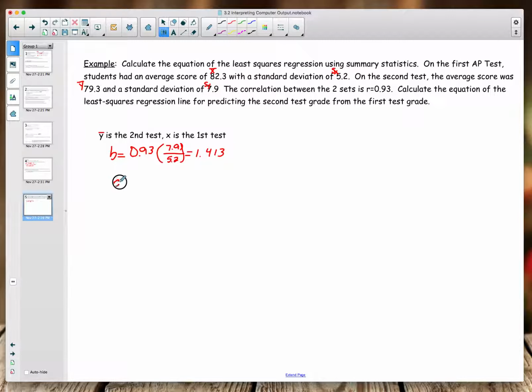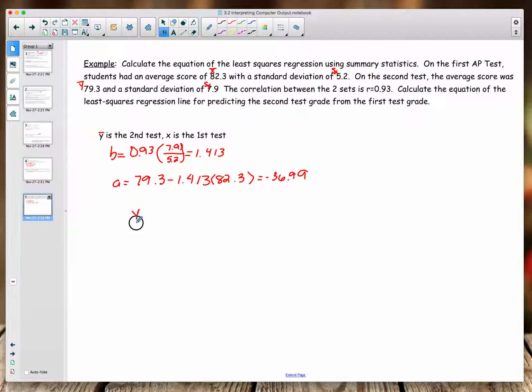Okay, and so now we're ready to calculate our y-intercept. So we do the mean of y, which is 79.3, minus our slope, times the mean of x, which is 82.3, and we get negative 36.99.